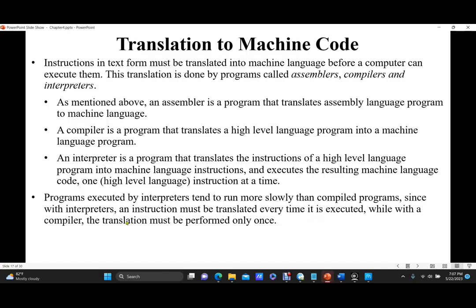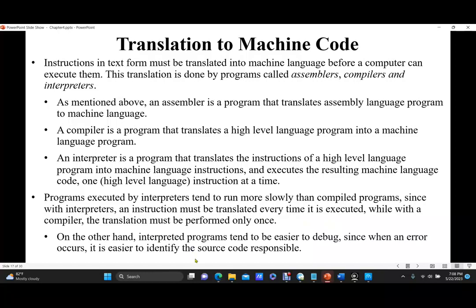With a compiler, the translation is performed only once, whereas in a loop, instructions that get executed several times during the program have to be translated several times while the program is being executed.